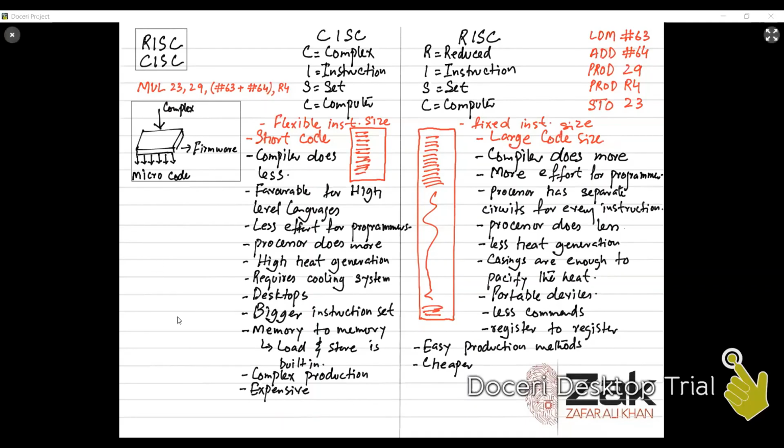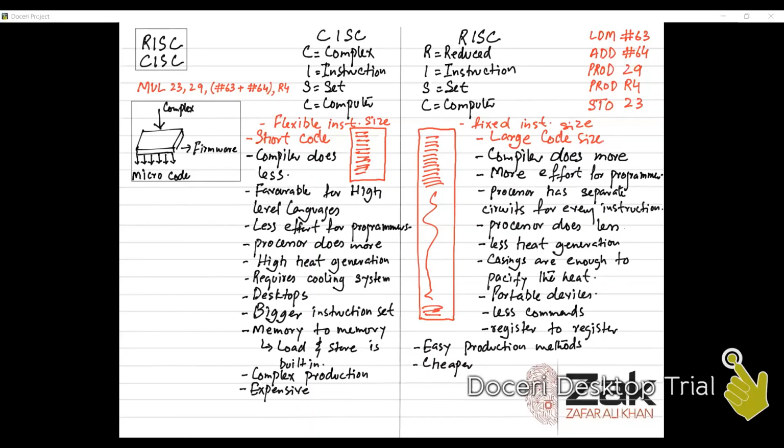Bigger instruction set code means that you have more instructions. You have so many instructions. And in RISC, you have reduced instructions, meaning fewer instructions. What does it mean? Pay attention to this, this is very important.